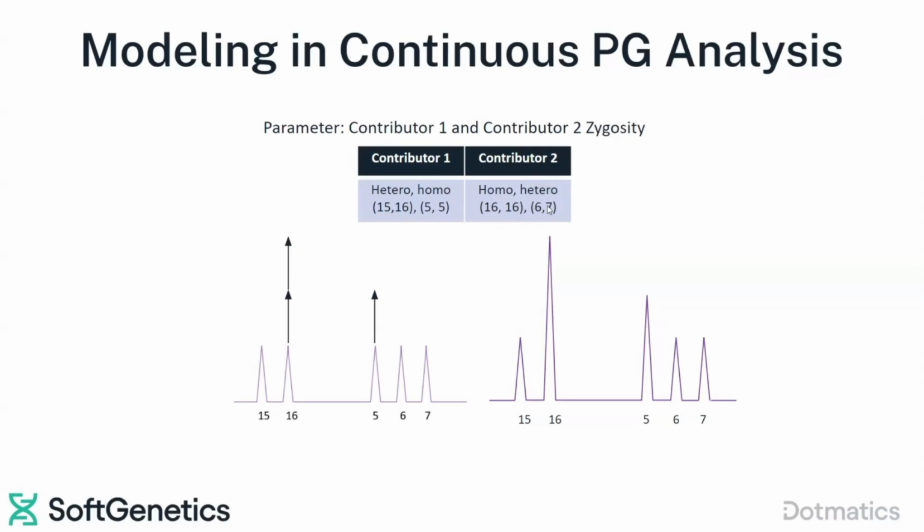If it's heterozygous for 6 and 7, then we would expect those to be approximately the same height. So 2 alleles from contributor 1, but they're stacked, or they're homozygous, and 2 alleles for contributor 2 heterozygous. And when we redraw it, now the electropherogram, instead of having 5 evenly height peaks, has this pattern. So that's considering zygosity.